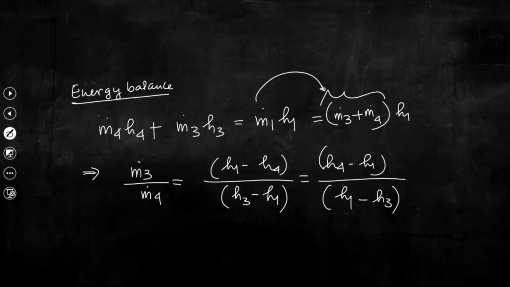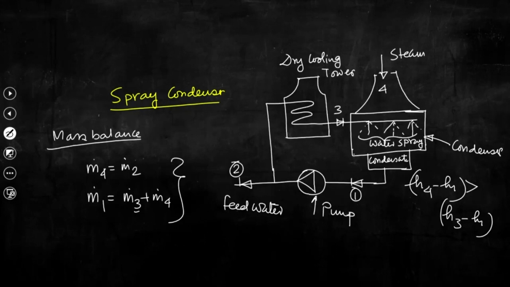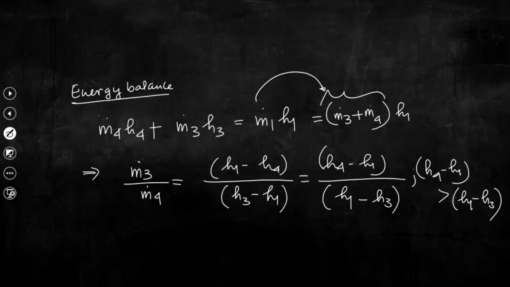So, that means H4 minus H1 is greater than H3 minus H1, right. Certainly, enthalpy of the condensate will be higher than the enthalpy of the coolant which is available at the condenser in, because that coolant will take away certain amount of heat from the flowing steam. So, we can understand that m dot 3 should be greater than m dot 4.